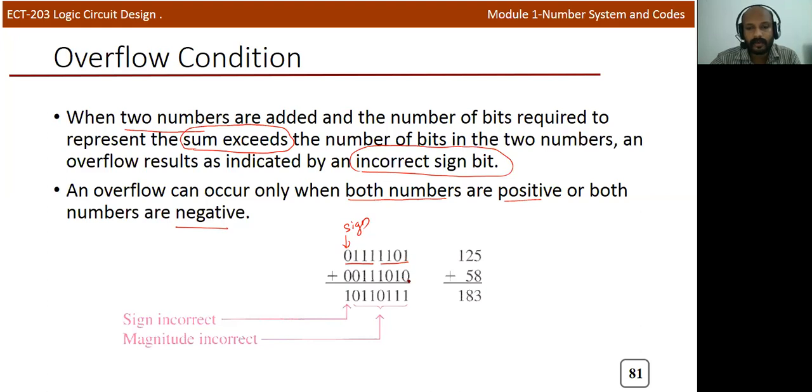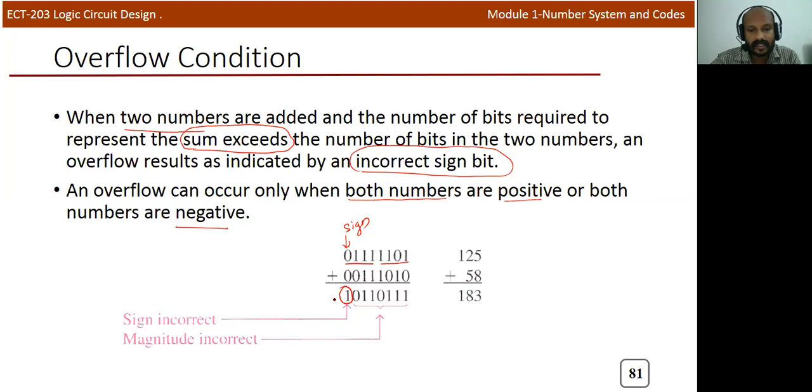If you add two positive numbers, definitely the result should be positive. But in this particular case, you can see that after addition, the sign bit is 1. In place of the sign bit we see a 1. Both numbers are positive, so this indicates an error.